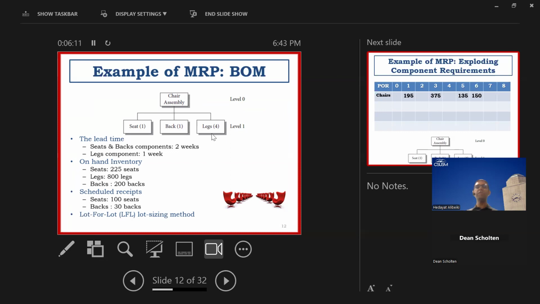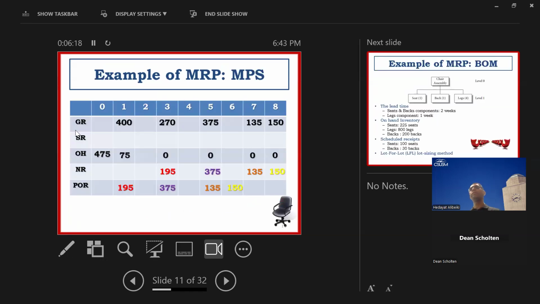Let's say for legs, it's going to be 4 times what? Let's say 4 times the number of tables.